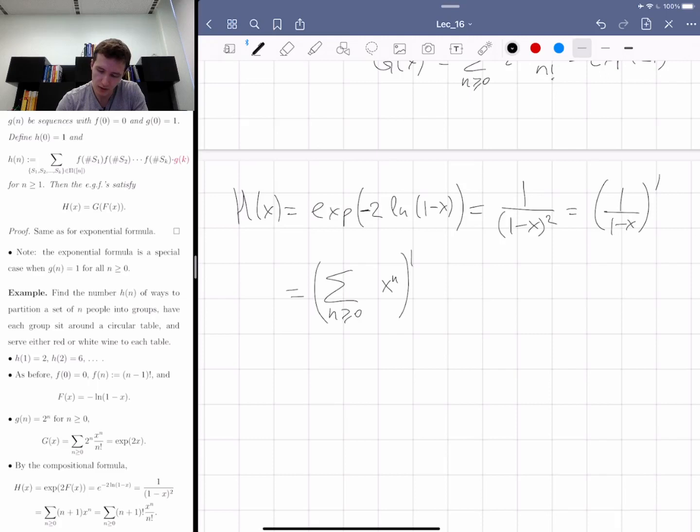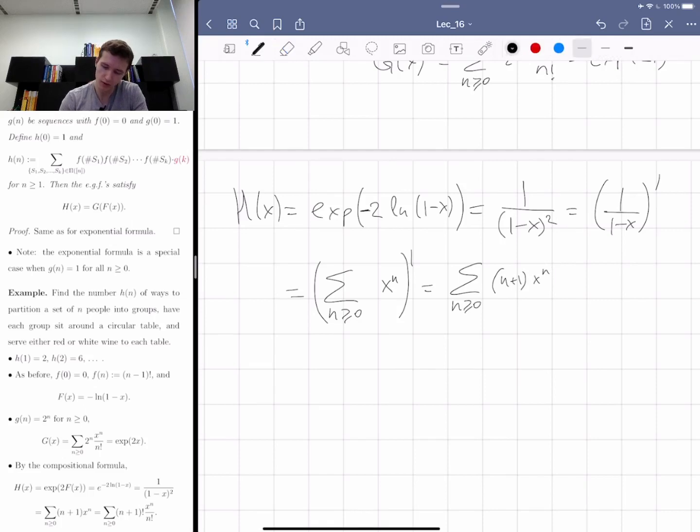I take the derivative, so I get n times x to the n minus 1. When n is equal to 0, this is okay. Yeah, I can write n plus 1. I'm going to shift the index in a little bit.